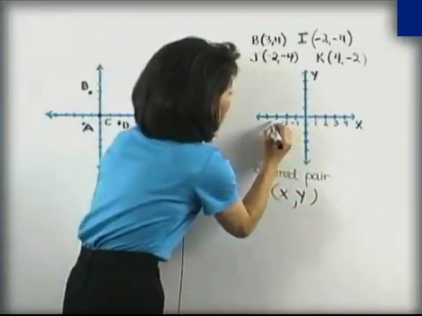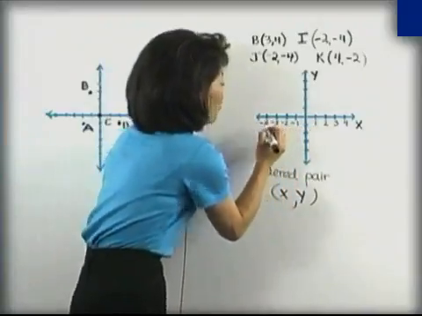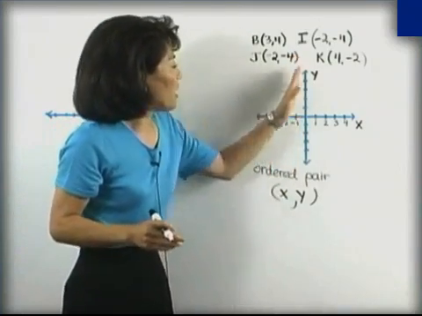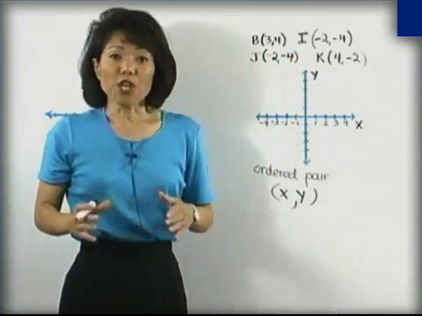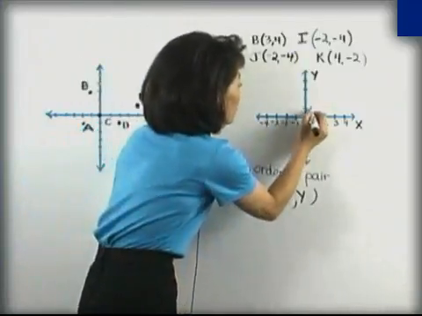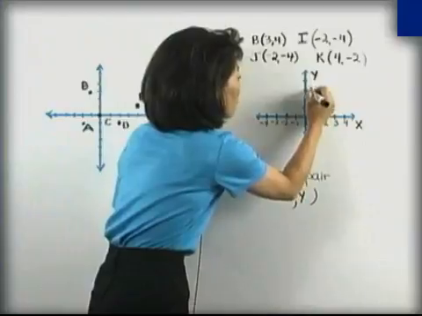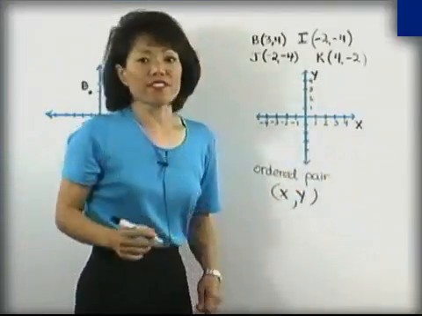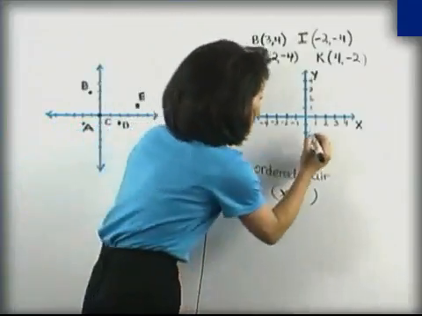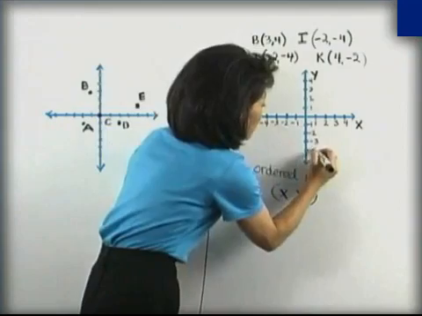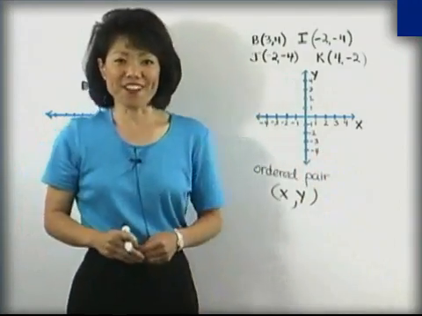So we have -1 up through -4. Now similarly, if we start at the origin and we're going to label numbers along the y-axis, when we go above the origin, those numbers are positive. So here we go, 1, 2, 3, and 4. And down below the origin, along the y-axis, that's when the numbers take on a negative value. So we have -1, -2, -3, and finally -4 down there.